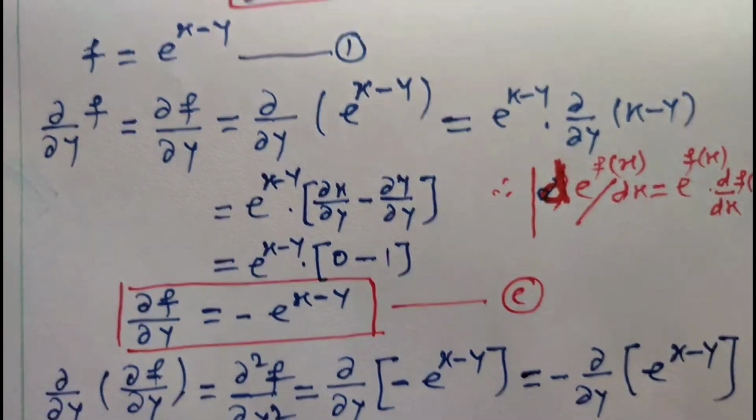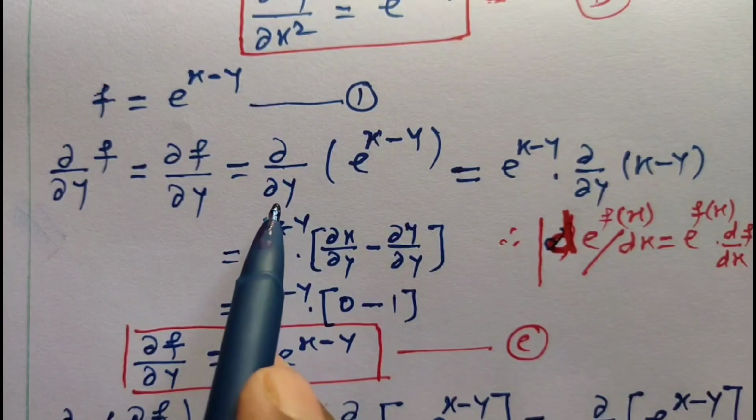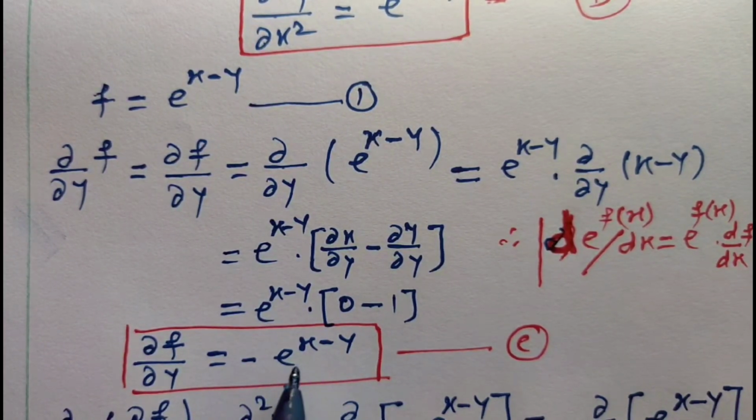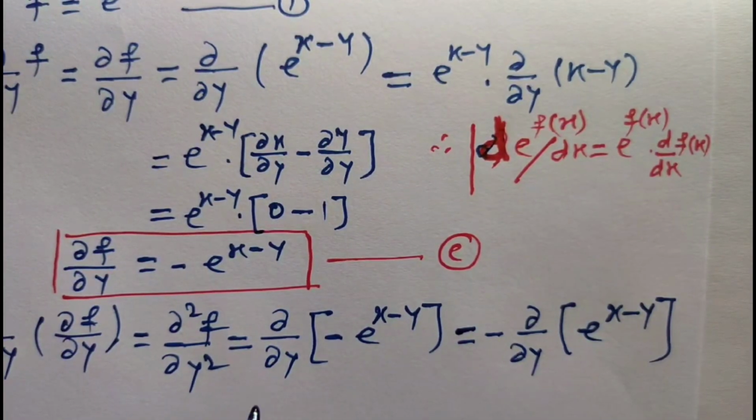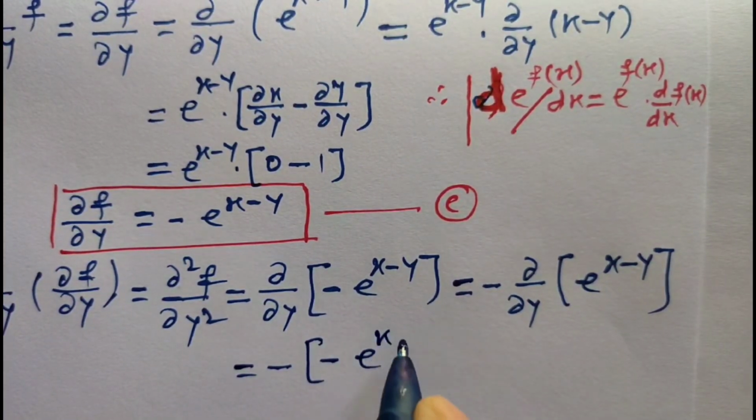But in this result we have already obtained the partial derivative of e to the power x minus y with respect to y, which is minus of e to the power x minus y. So here this can be written as minus of e to the power x minus y.